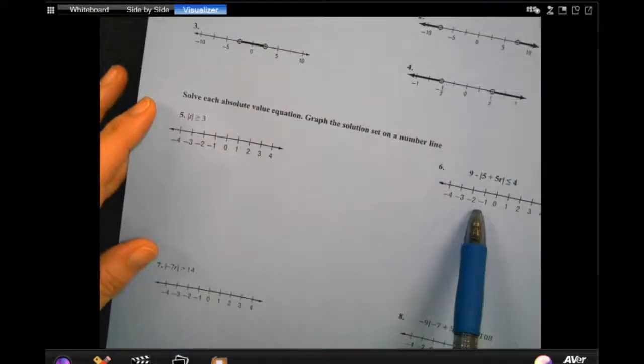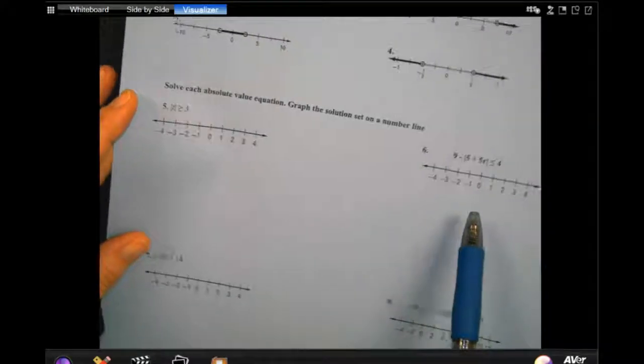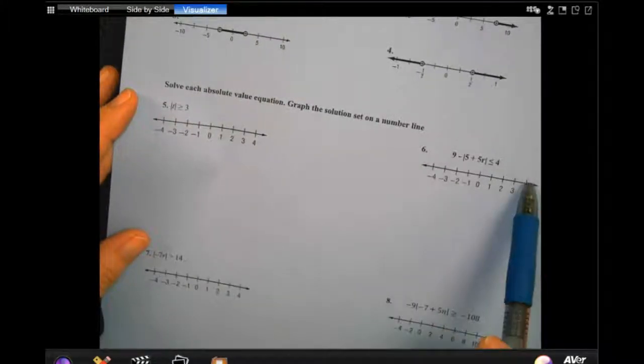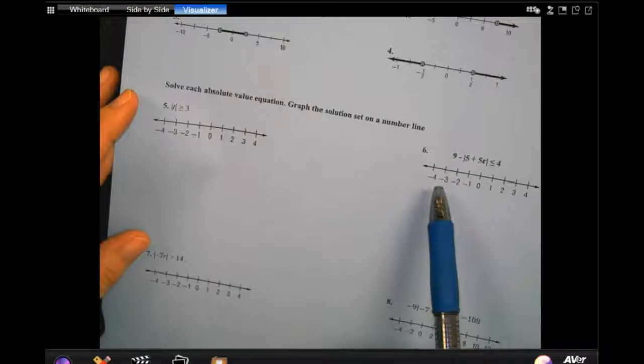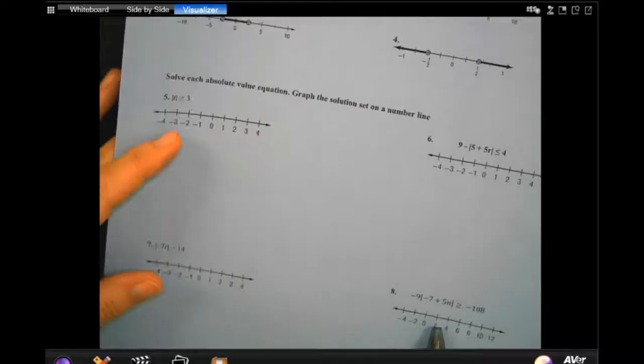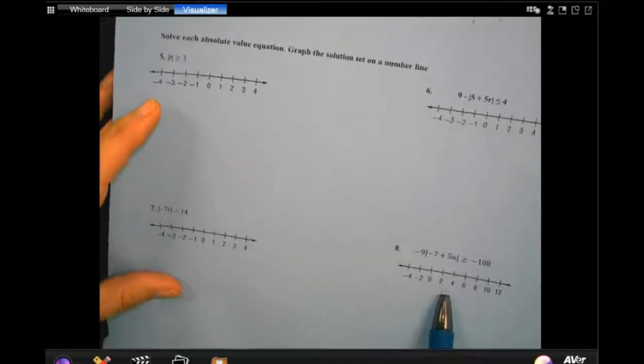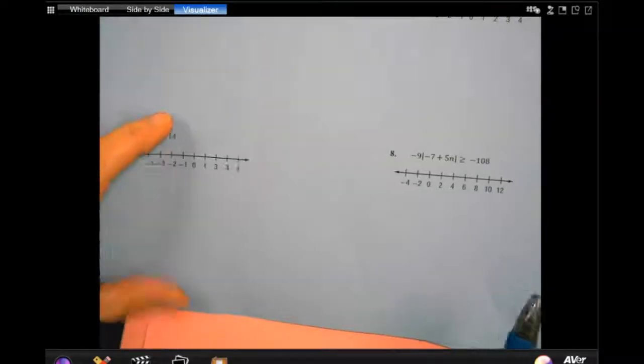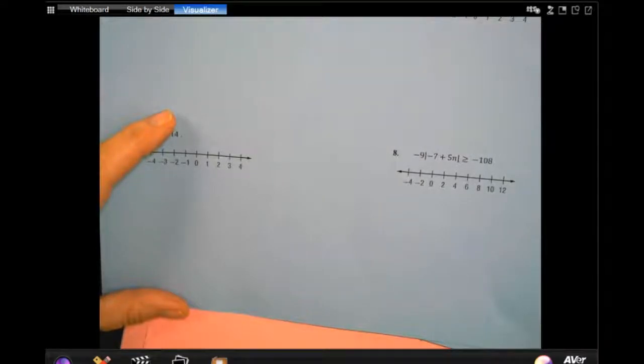So on number 6, what do I have to do first? Subtract the 9, divide by -1, and then get your 2 equations. What do I do first on number 8? Divide by -9, right?